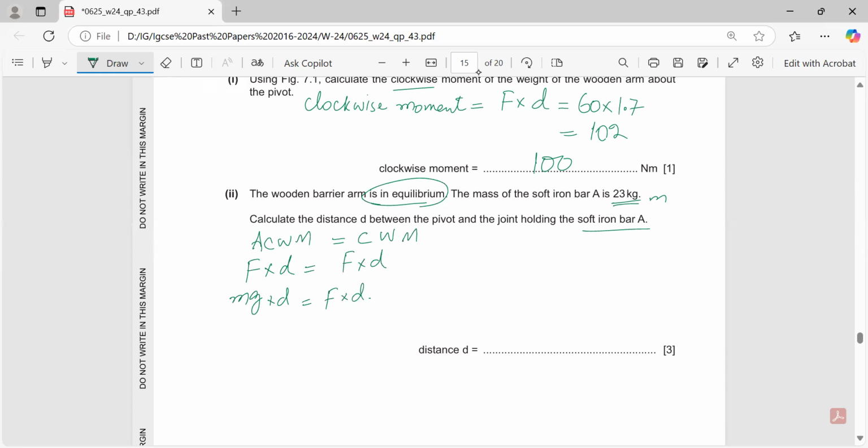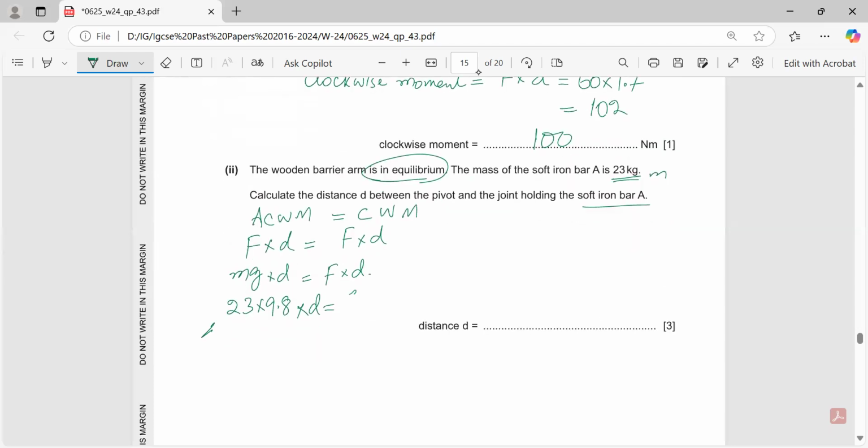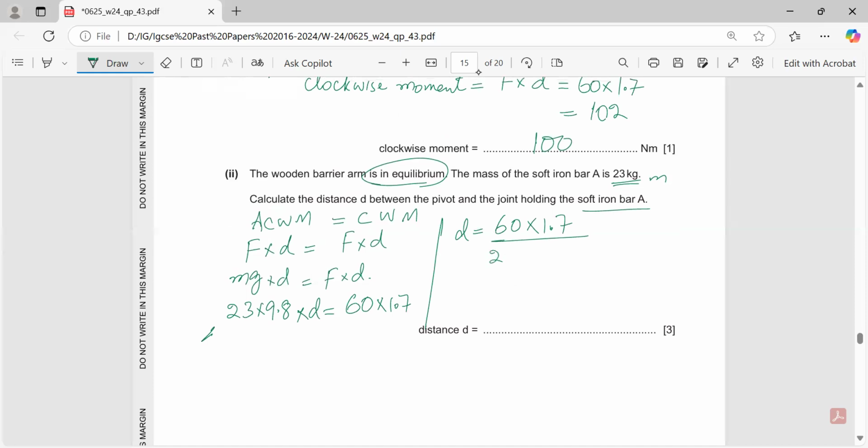Why mg? Because in the formula for moment, it is force, not the mass. We are given mass. So now what we are going to do here: mass is 23, value of g is 9.8, times d which we need to calculate, equals F times d. Clockwise moment we have already calculated, but no problem, I can do it again. 60 times 1.7. Now d is equal to 60 times 1.7 over 23 times 9.8.